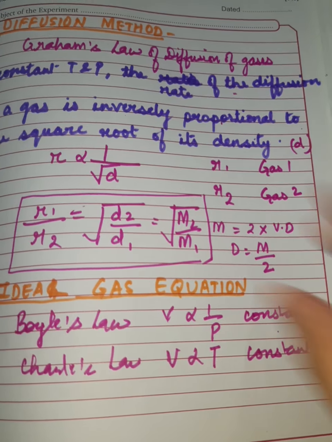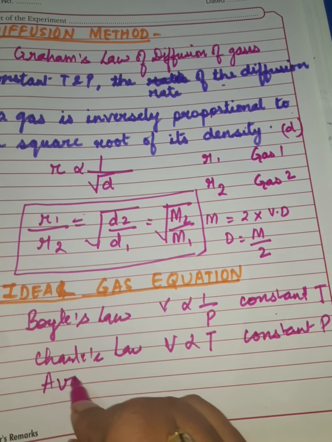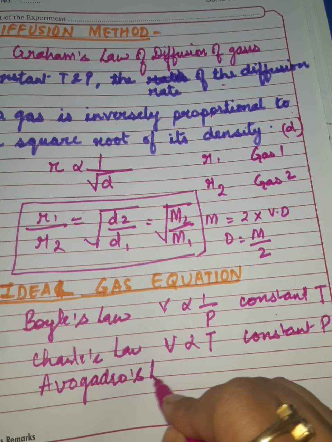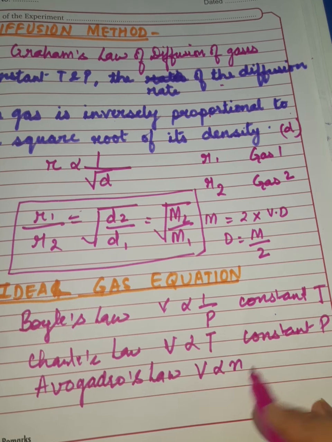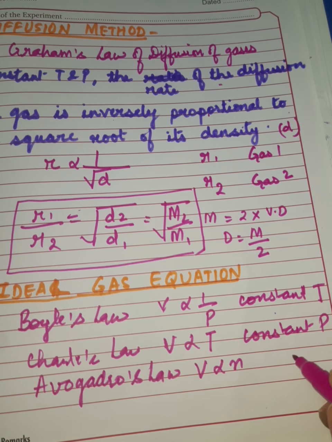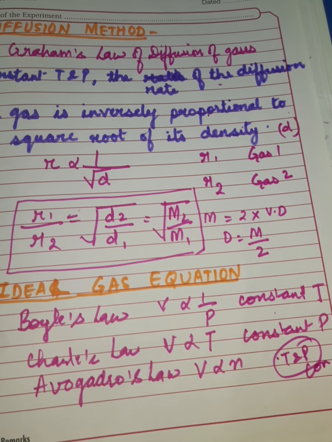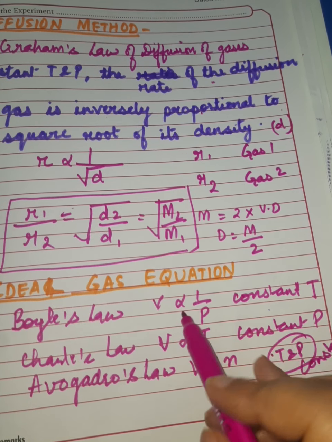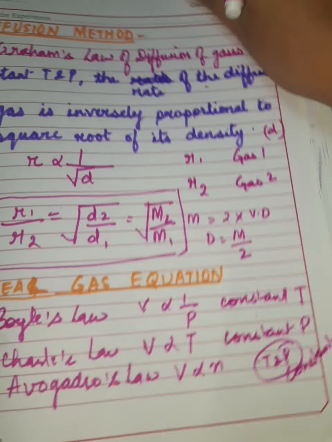Alright, and then we studied Avogadro's law. According to Avogadro's law, volume is directly proportional to n. What is n? n is the moles of gas, provided that temperature and pressure both are constant. Alright, so if we correlate all these three laws, then we get the relation.